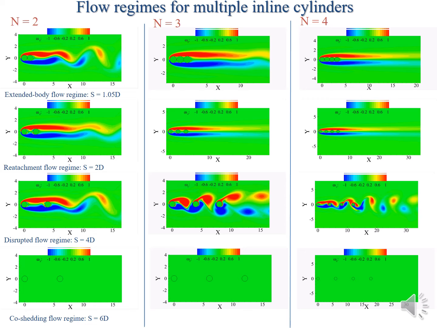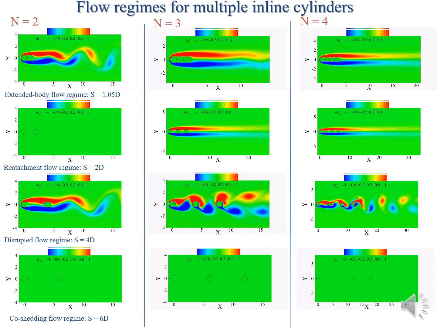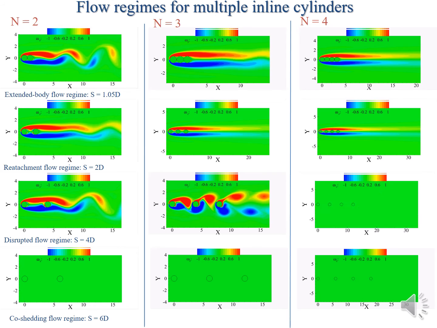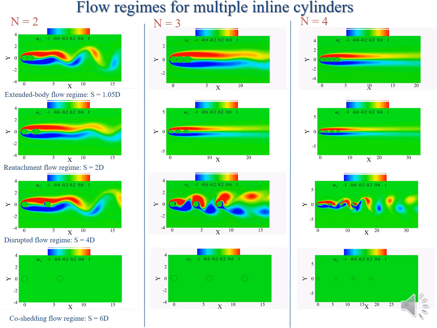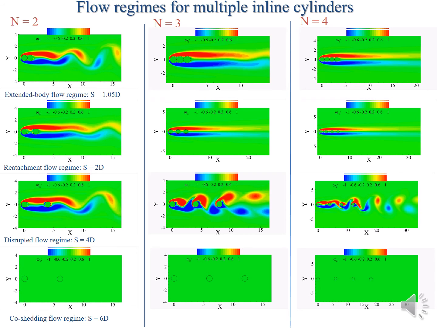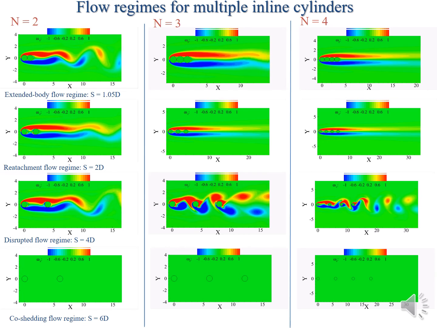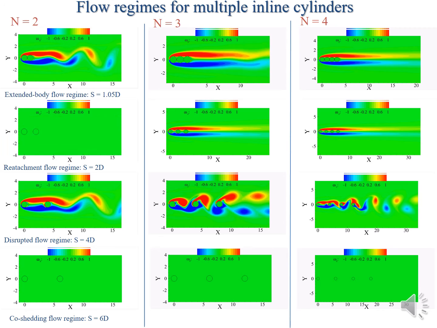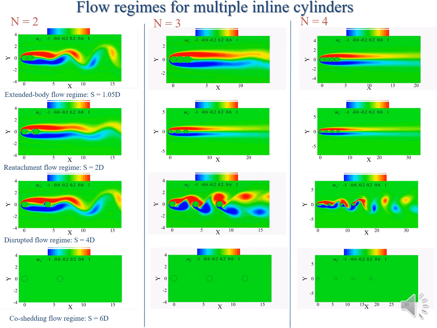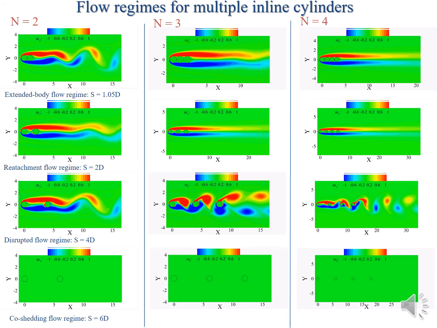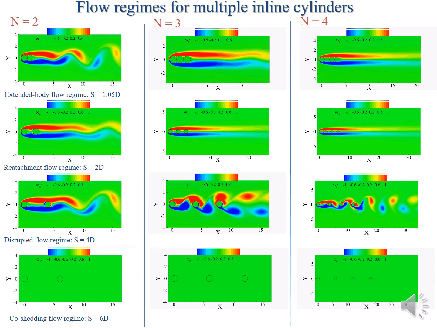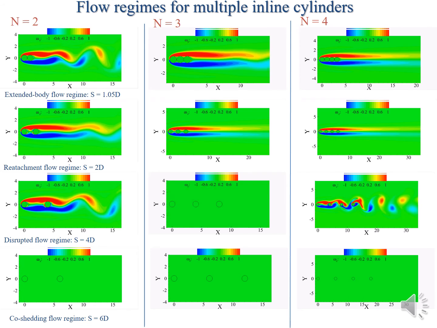They strike the downstream cylinder before they shed. But as we increase the number of cylinders in the configuration, we find that the vortices from the upstream cylinder act like they are washing away the vortices from the downstream cylinder, preventing them from fully developing. And that goes as we increase the number of cylinders even further.